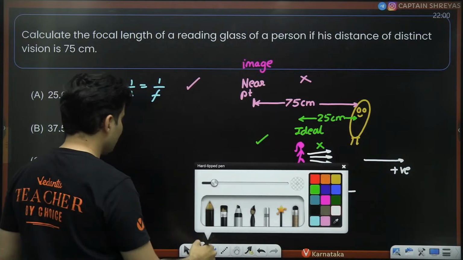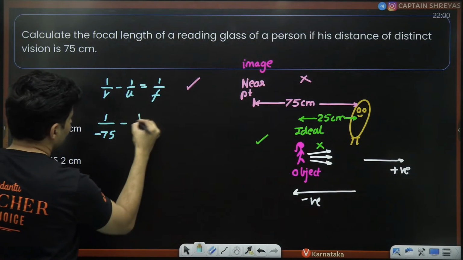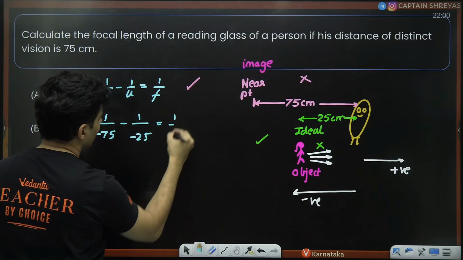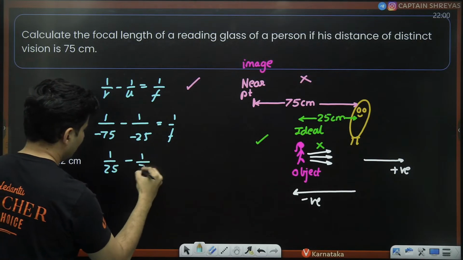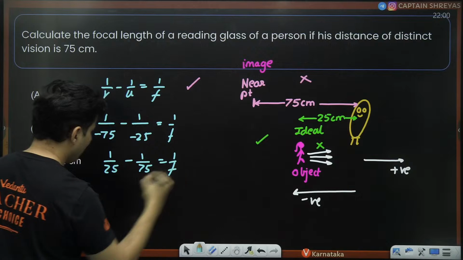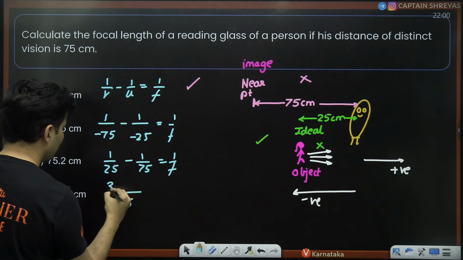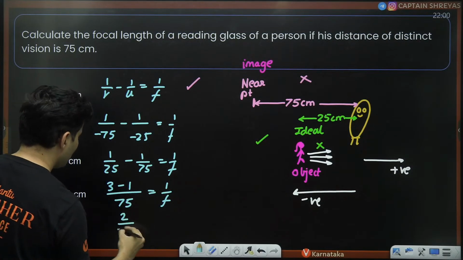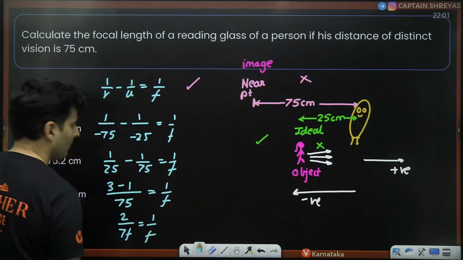So image distance technically is negative 75, minus object distance, which is also negative 25, is equal to 1 by f. Minus minus plus, so 1 by 25 minus 1 by 75 is 1 by f. LCM is 75. 25 goes 3 times, minus 1. 3 minus 1 is 2, so 2 by 75 is equal to 1 by f.